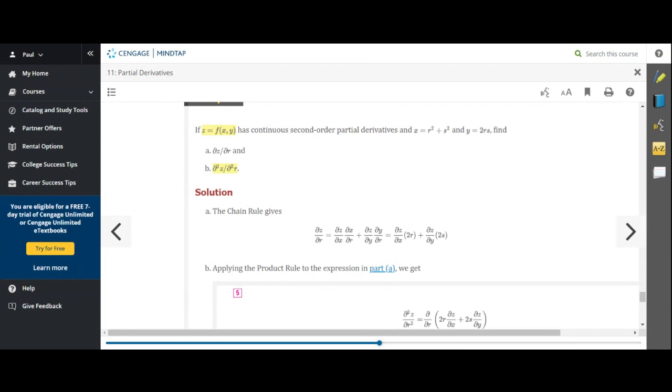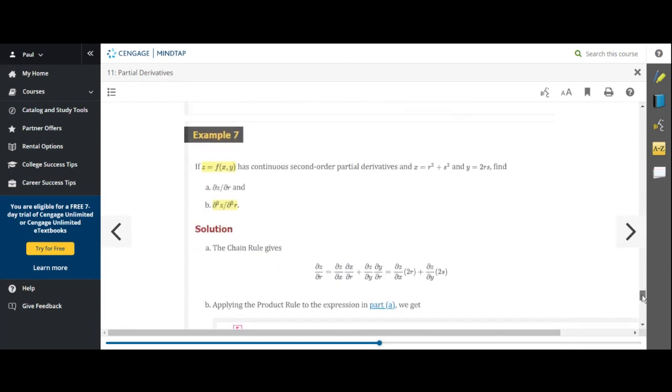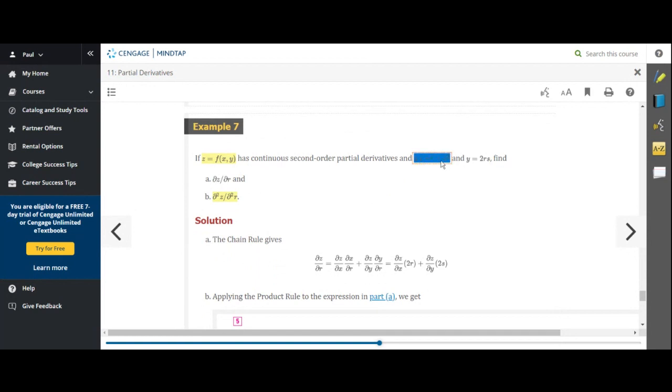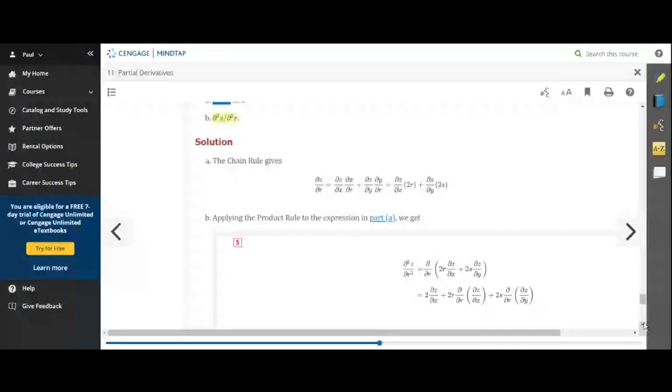Click, click. There we go. Guess it takes time. Here in example 7, you have a function of x and y, and x and y are themselves functions of R and S. And so no problem finding the first partial derivative. That's easy enough to do. But the second partial derivative is somewhat complicated.